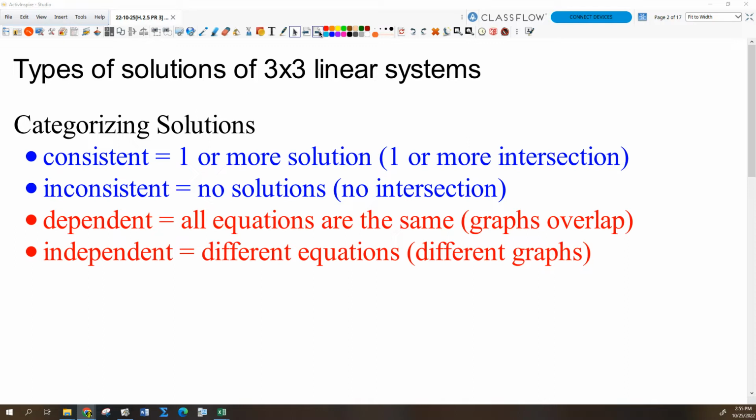Make sense? Okay, independent means different equations. So how could you get a dependent system with planes, for example, in a 3x3 system? Well, that would be where the planes overlapped, right? Does that make sense? Okay, those are the different ways that we can categorize solutions.